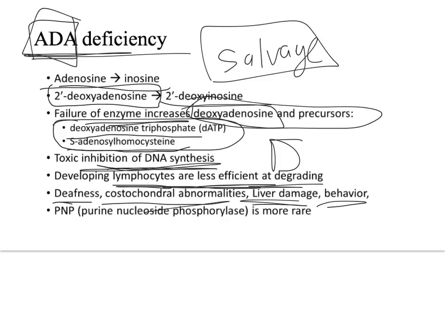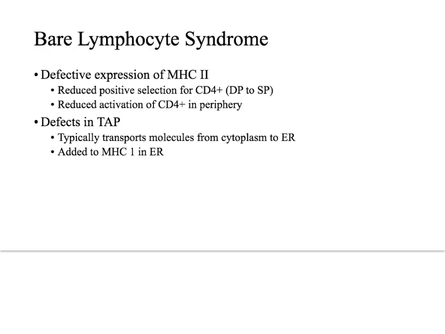Another form is purine nucleoside phosphorylase deficiency. It's even more rare, but you get the same phenotype, the same idea as you're building up the toxic metabolites in the lymphocytes. The next one is bare lymphocyte syndrome. What happens? You have decreased or absent expression of MHC class II.